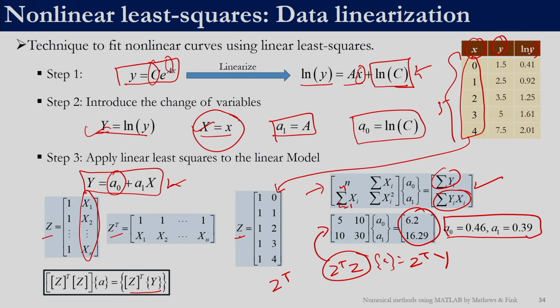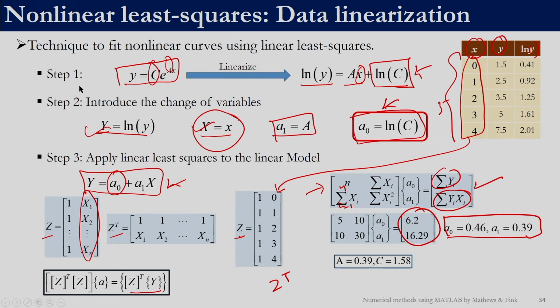Now that we know a naught, we can calculate what is c using this relation, that we know that a naught is equal to ln c. So, c can be calculated from that expression, a naught is equal to ln c, right.